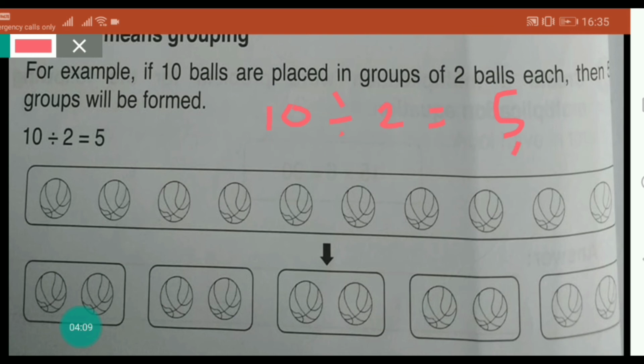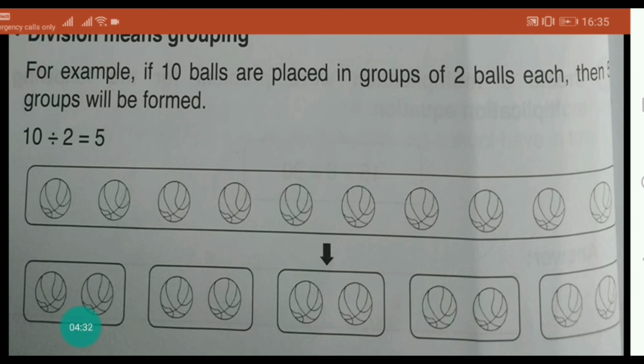Because if you multiply 5 times 2, the answer is 10. That is why 5 is the correct answer.